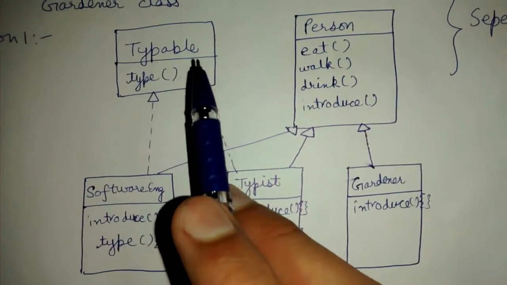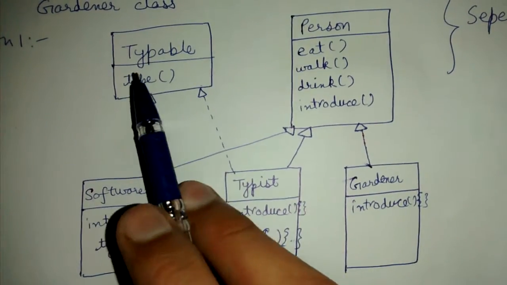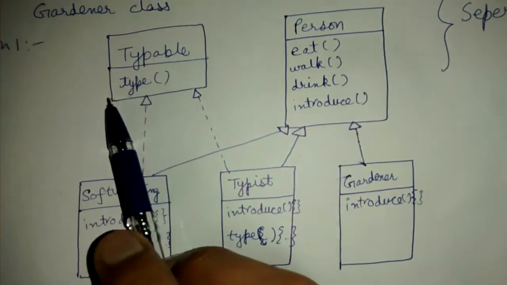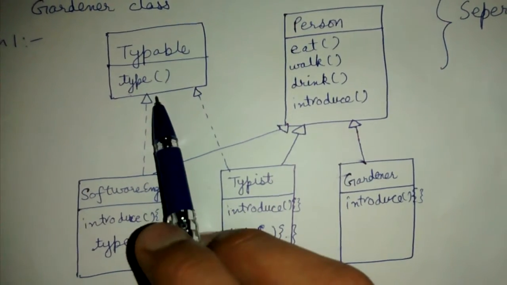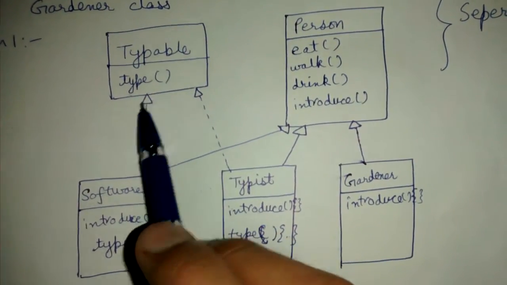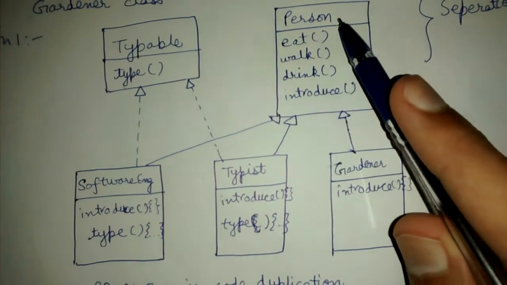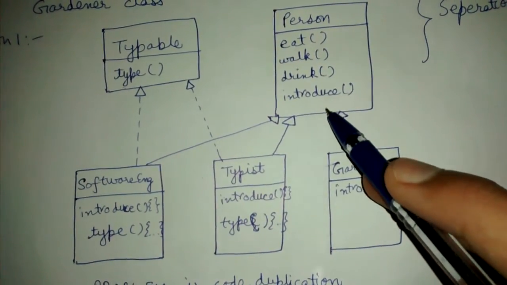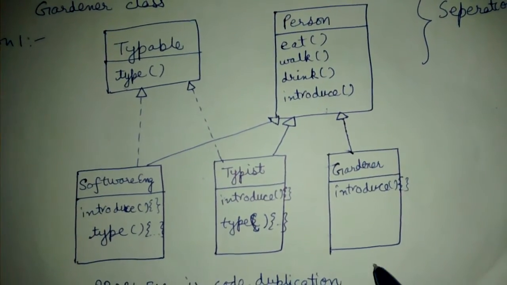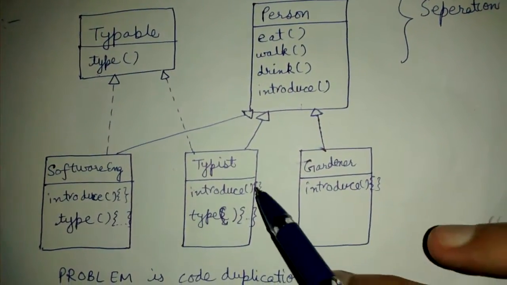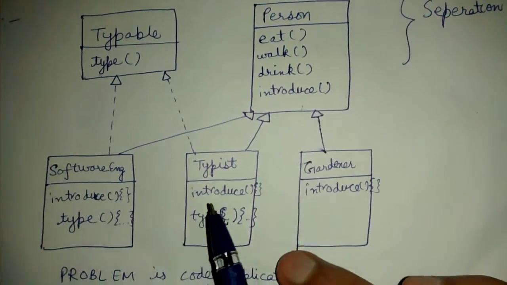So we are defining a separate interface called typeable, in which we separate out the type functionality. The type method is declared in this interface, and the person class is still as it is, and these three classes are still inheriting from the person class and implementing their own versions of introduce method.